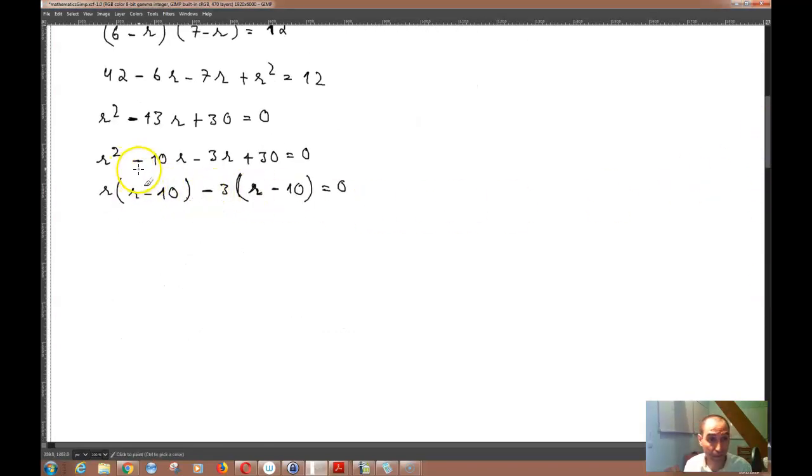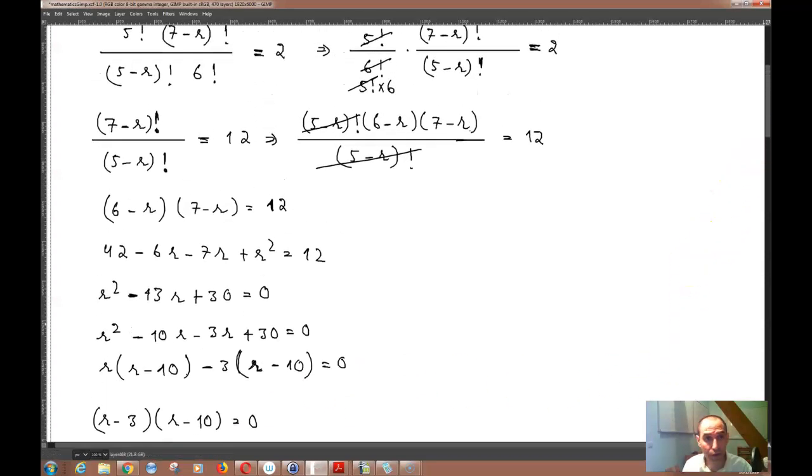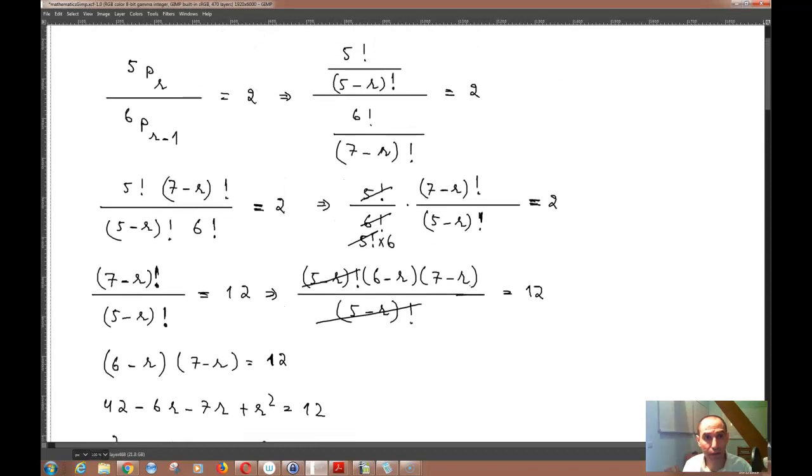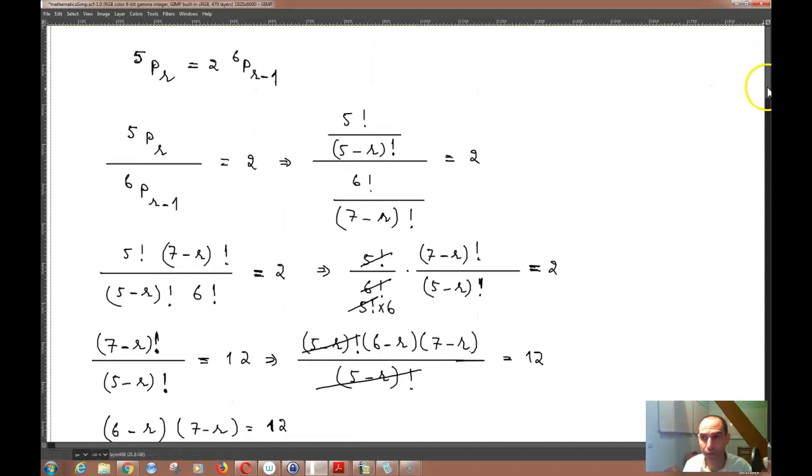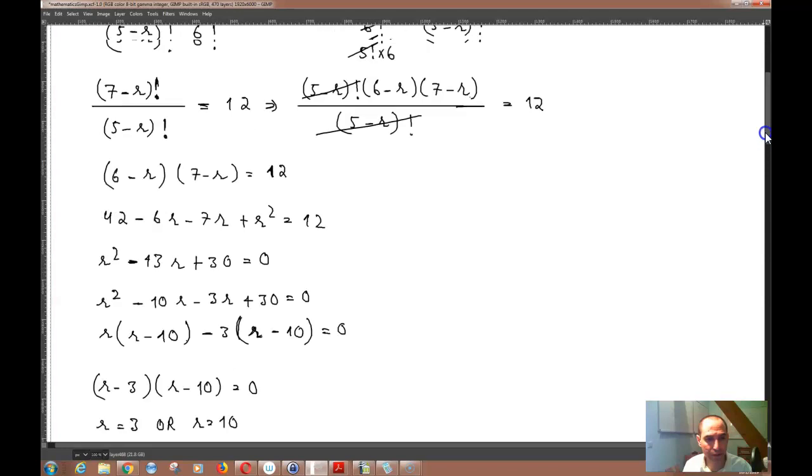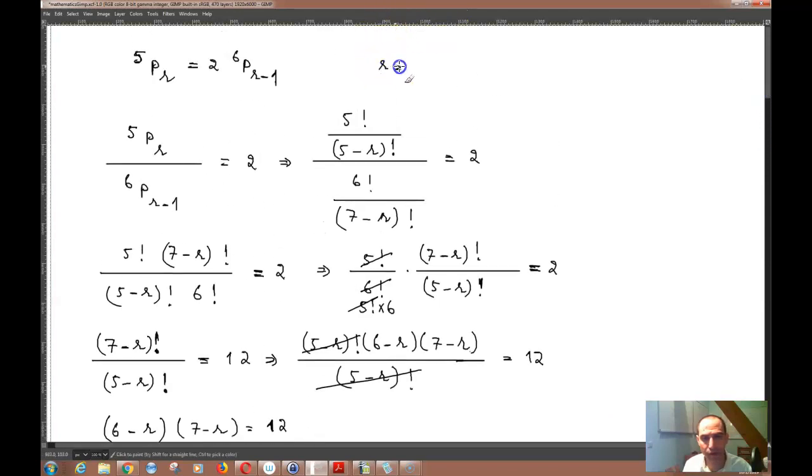So then r minus 3 times r minus 10 is equal to 0, which means that r is equal to 3 or r is equal to 10. Now of course over here you can see that the expression that we have, so I got r as 3 and 10. r is equal to 3 or r is equal to 10.